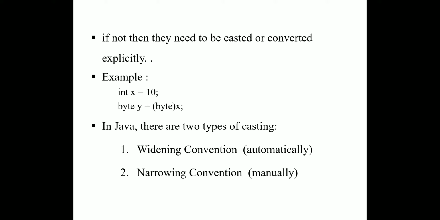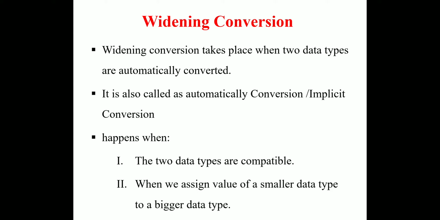In Java there are two types of casting. One is widening conversion, which is also known as automatic conversion and implicit conversion. Second one is narrowing conversion, which is also called manual conversion and explicit conversion. Here we discuss widening conversion.